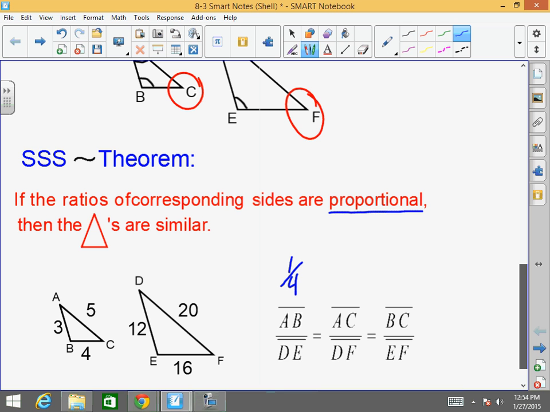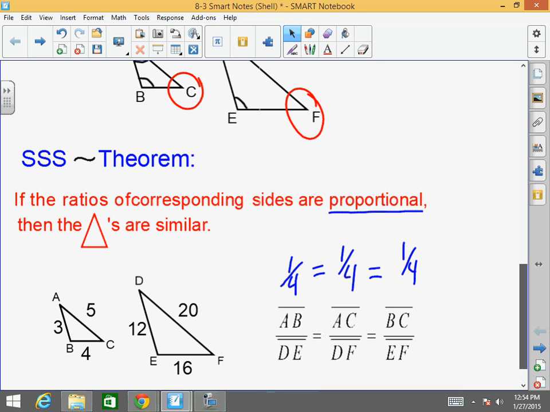AC corresponds to DF, and that's 5 to 20. 5 to 20, that's a 1 to 4 ratio. And BC corresponds to EF. That's 4 to 16, which is also a 1:4 ratio.